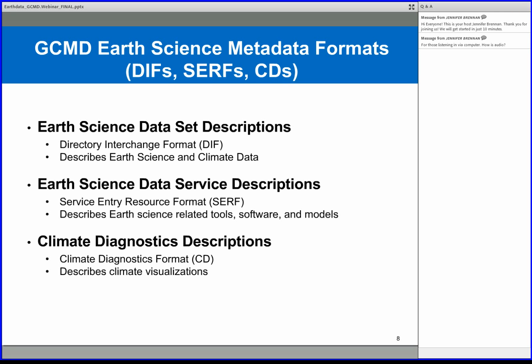All of these formats have evolved based on community feedback since 1987, when the DIF format was created by the Catalog Interoperability Working Group, which consisted of several U.S. federal and international agencies. On our website, you can find more information and a writer's guide for these three metadata formats and all the fields associated with them.